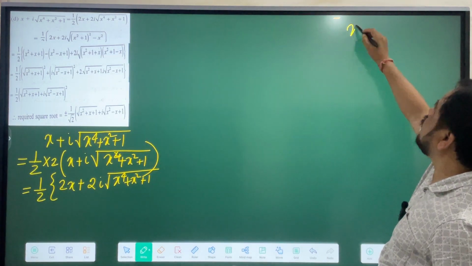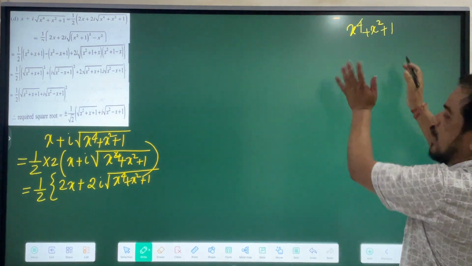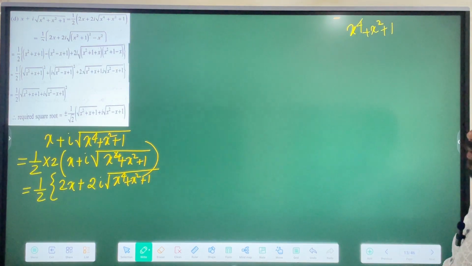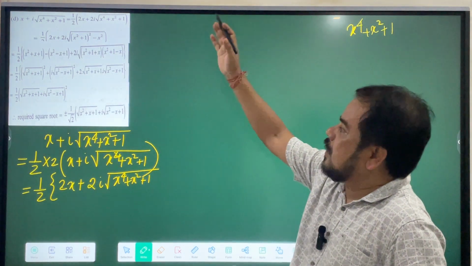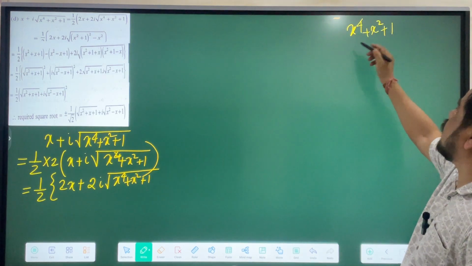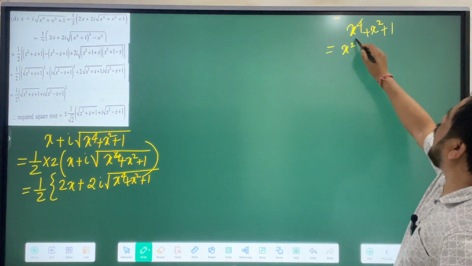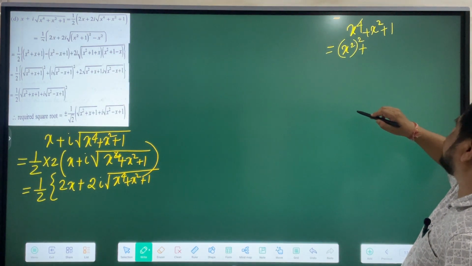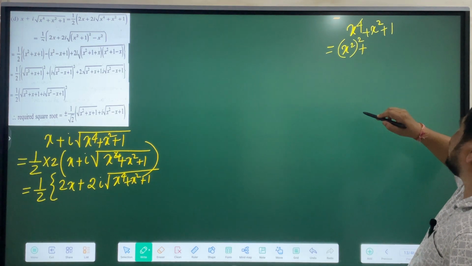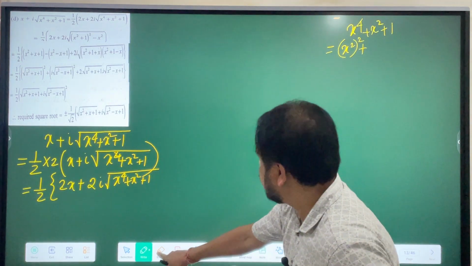That means x to the power 4 plus x square plus 1. This one you have to factorize. You have done the factorization in general maths. So in this example, it is done directly. You may forget, so I will show you. x square plus, okay, another process.